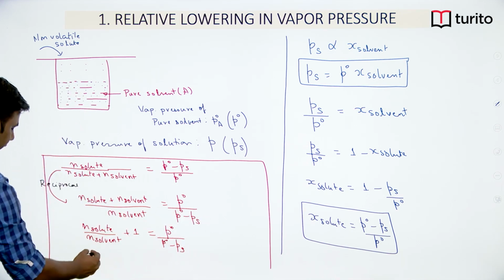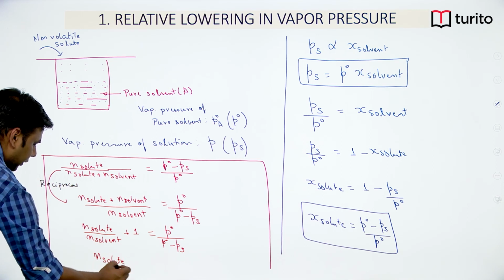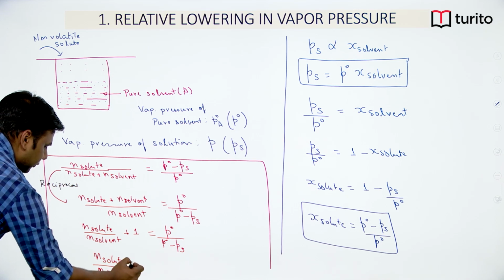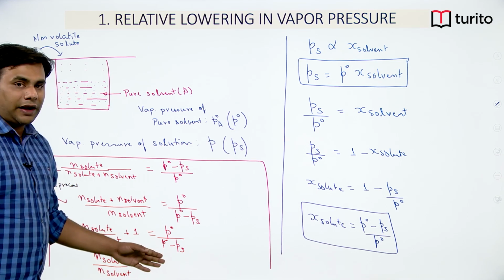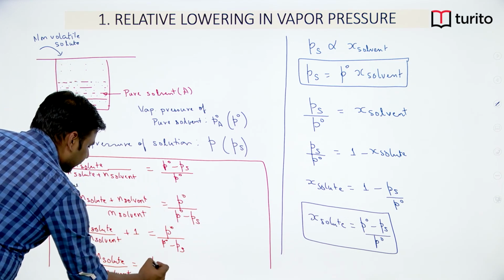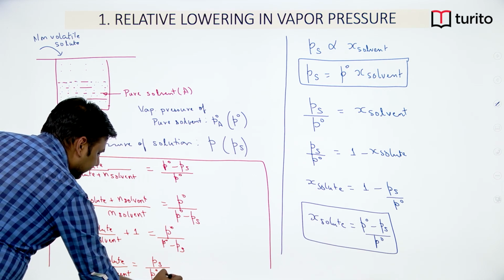So number of moles of solute upon number of moles of solvent equals P naught by P naught minus Ps minus 1. Taking this above, we get the final expression as Ps upon P naught minus Ps.